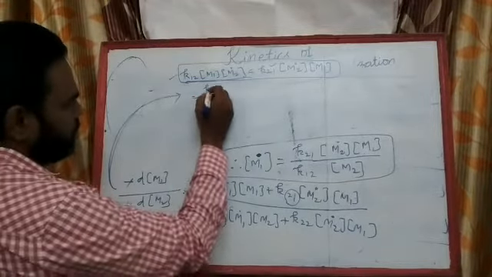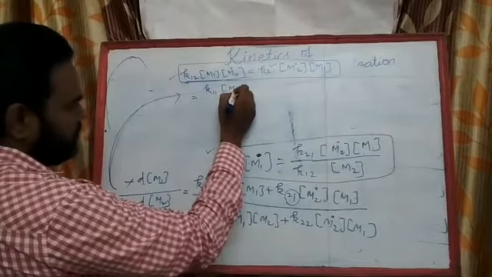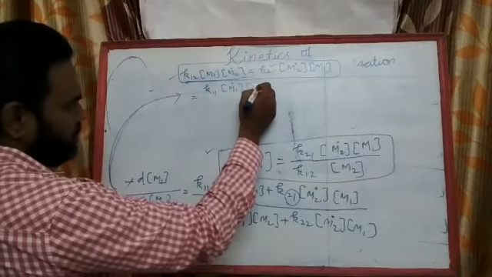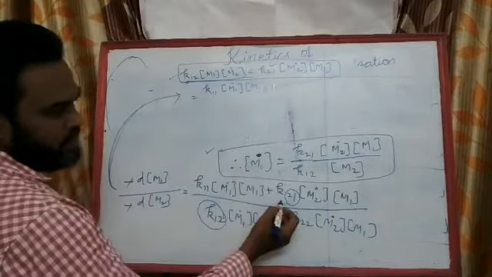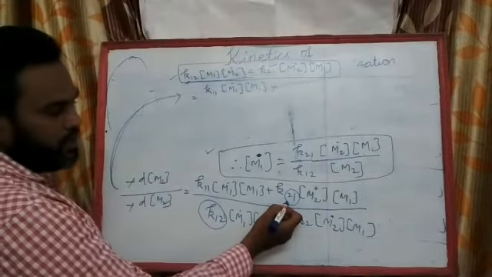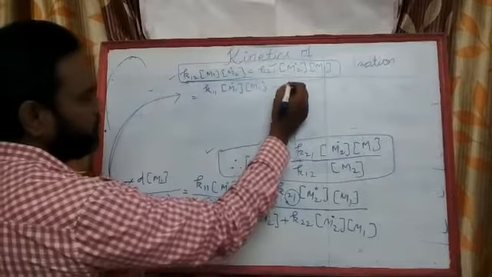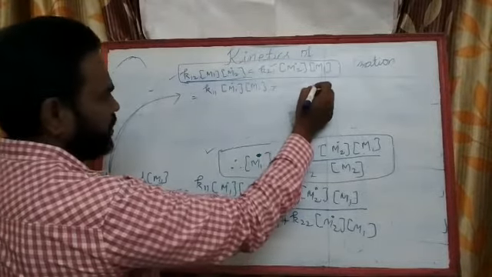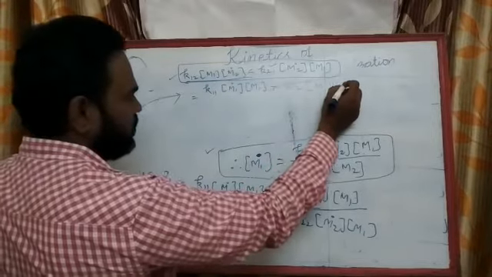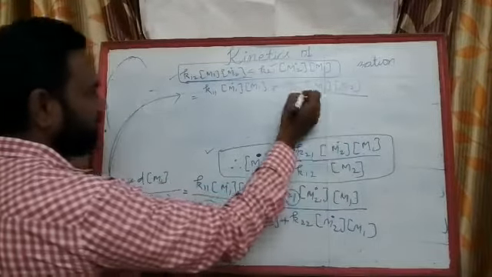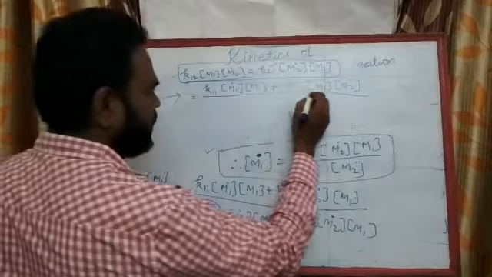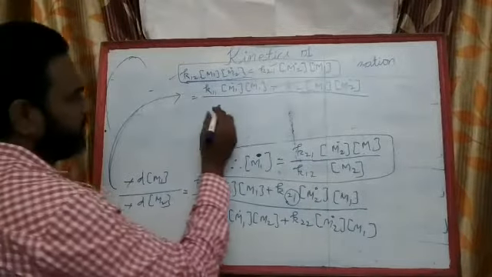So K11 M1 dot M1 plus, in place of K21 M2 dot M1, I can write K12 M1 dot M2. This is just for convenience.